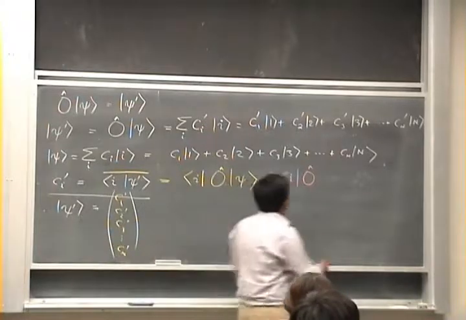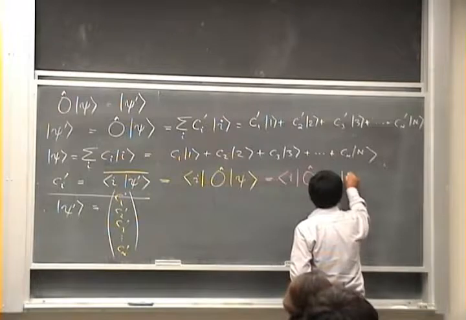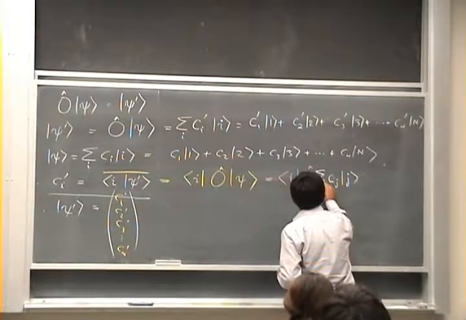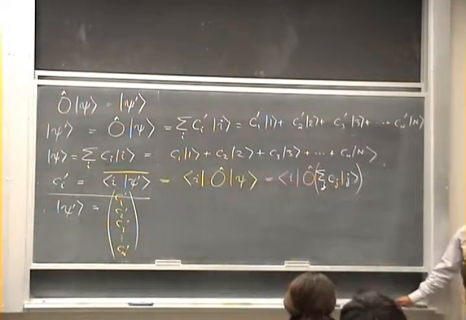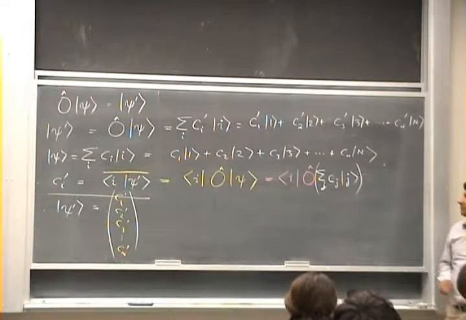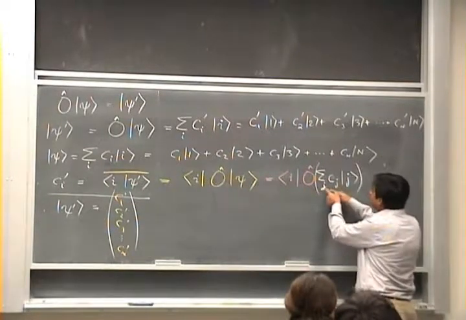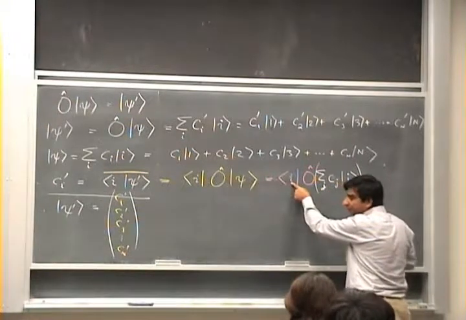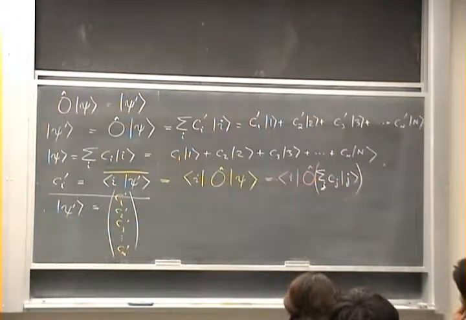I can write this as some coefficient Cj ket j summed up over all of j's. I'm not writing i here because this ket, this quantum state, has all the possible values of j. I'm not writing i here because I've already written it here. Any confusions at this level?